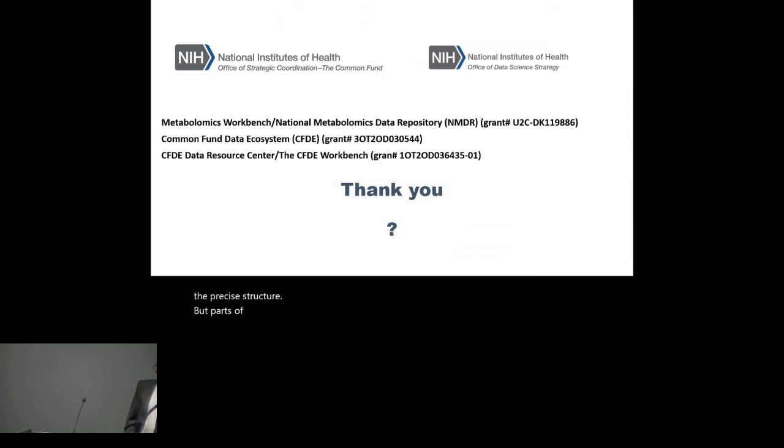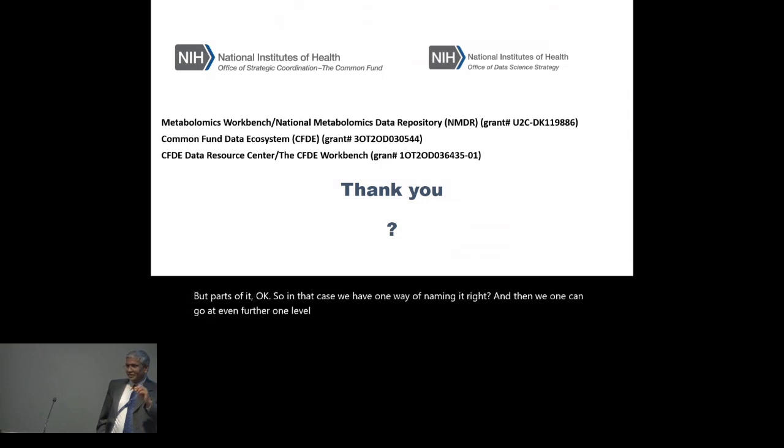In that case we have one way of naming it. And then one can go even one level up where we have a little bit less information. So I think there are 4 levels of the hierarchy in which we provide the nomenclature. I think we can discuss later.